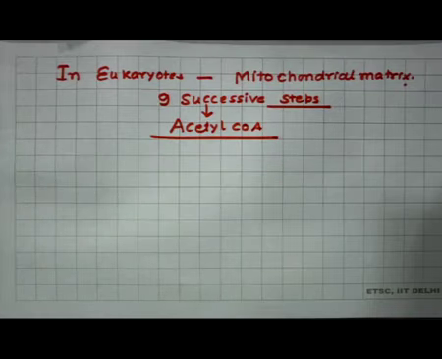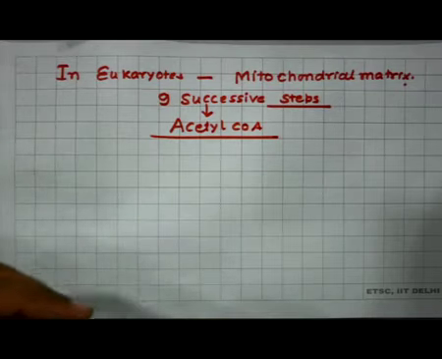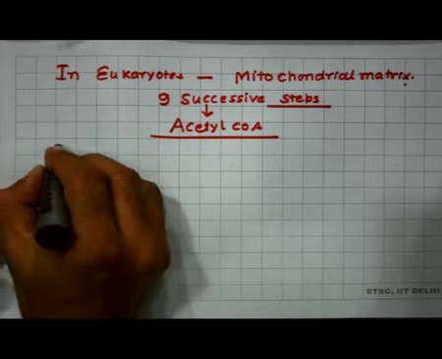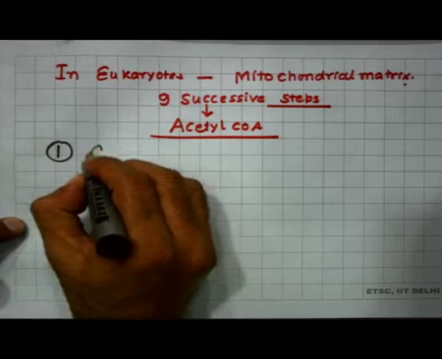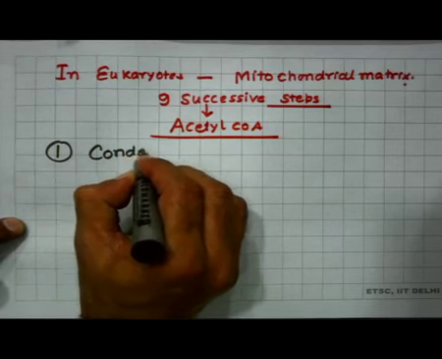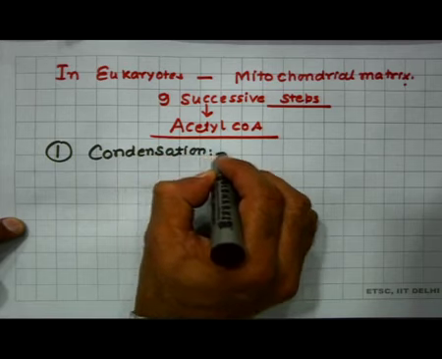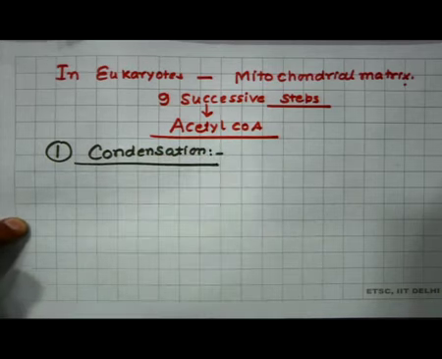Now, the steps involved in the Krebs cycle: the first step is condensation. In condensation, what happens?